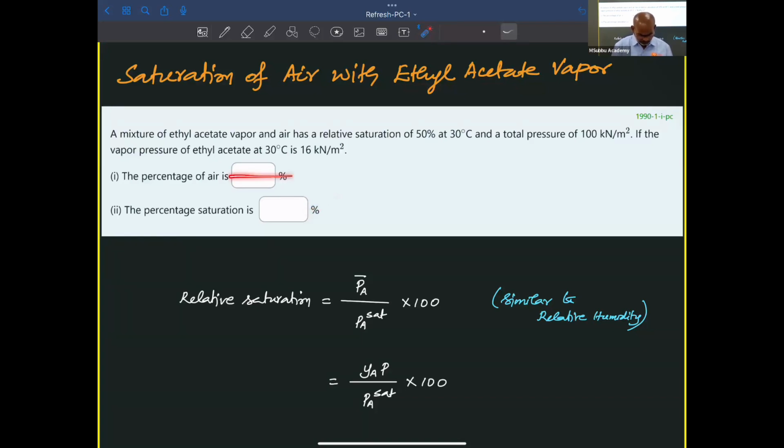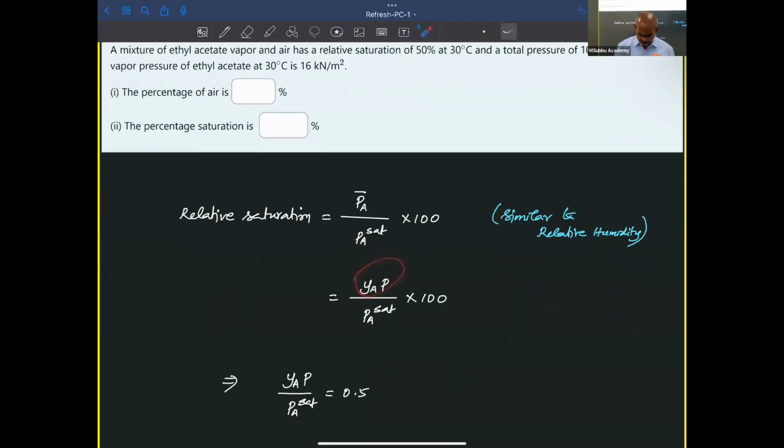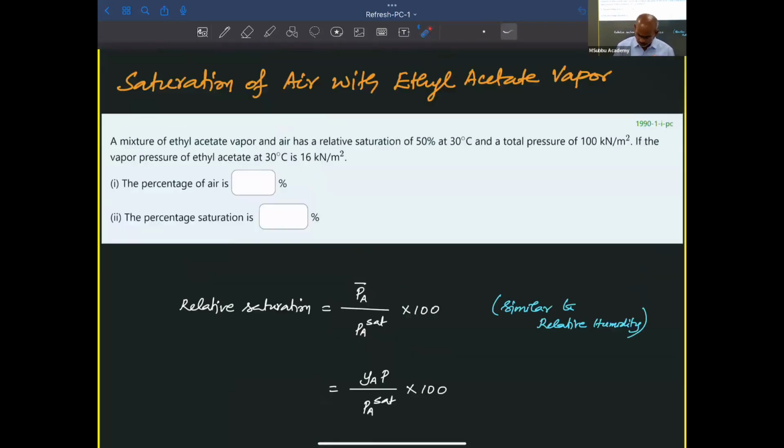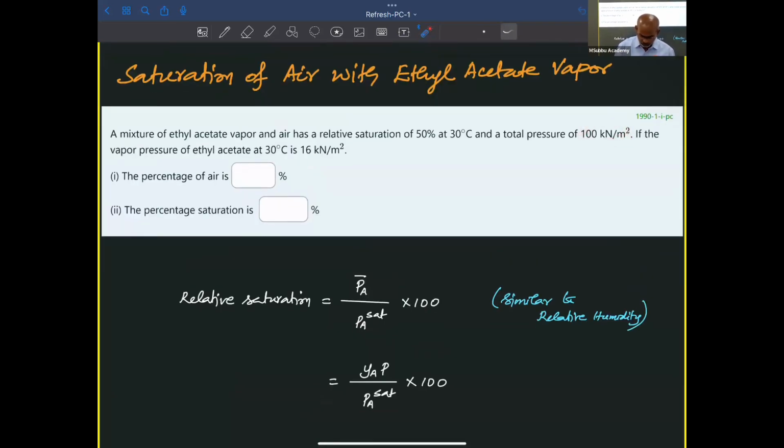Okay. So first thing is percentage of air. For that, we are given this relative saturation, which means similar to relative humidity, partial pressure divided by vapor pressure. So partial pressure is mole fraction multiplied by the total pressure. We are given the total pressure in kilonewton per meter square, and this vapor pressure is also available.